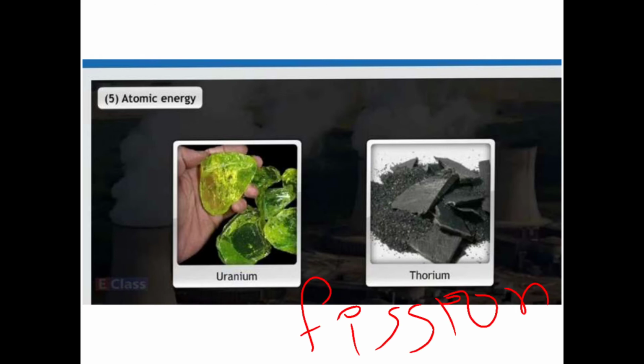Okay. So fission मतलब तोड़ना. So ये थोरियम, यूरेनियम, उनकी न्यूक्लियस को तोड़ा जाएगा. So in this process, a lot of heat is generated. Okay, so atomic energy के लिए ये सब चाहिए.